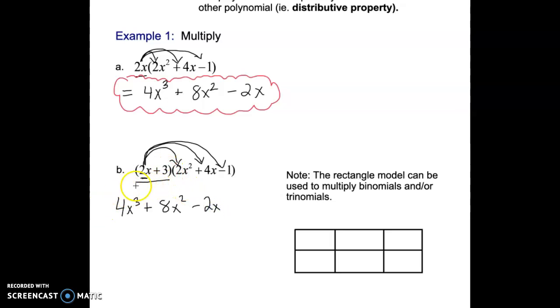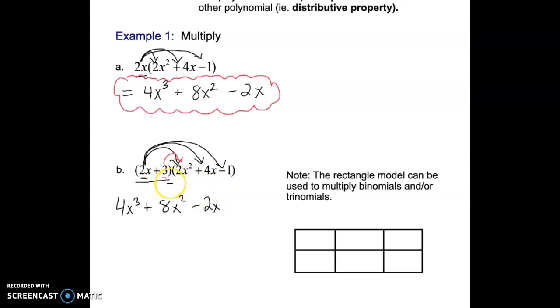Then we're going to do it all over again, with a different color. We've multiplied the 2x by every term in the trinomial, so now we look at the 3. We have a positive 3, and we multiply that positive 3 by everything in the trinomial.